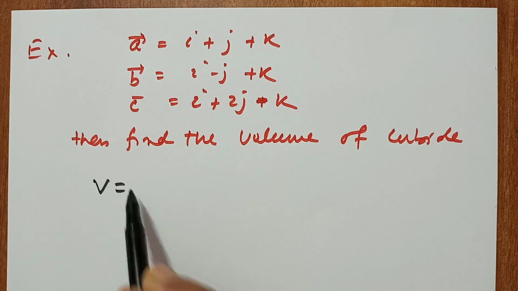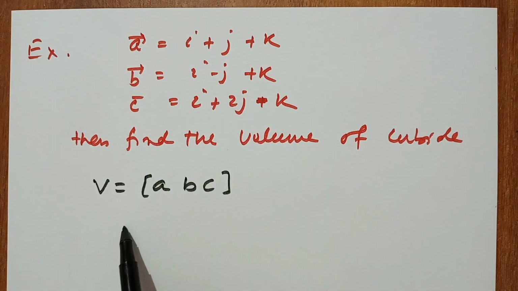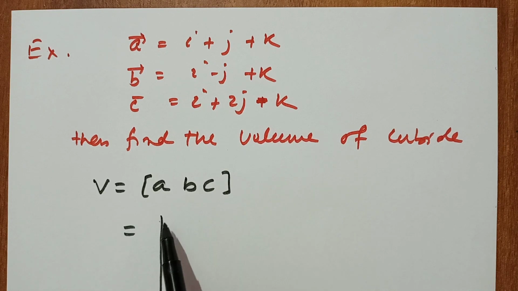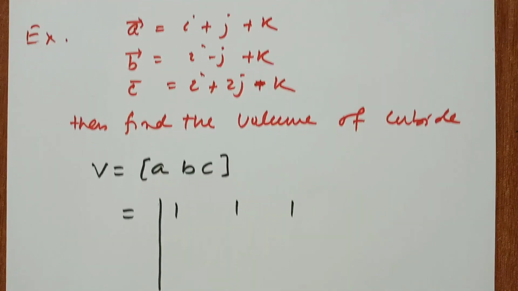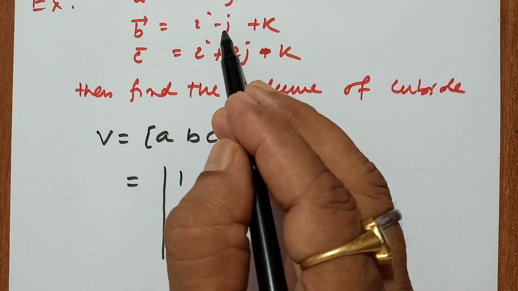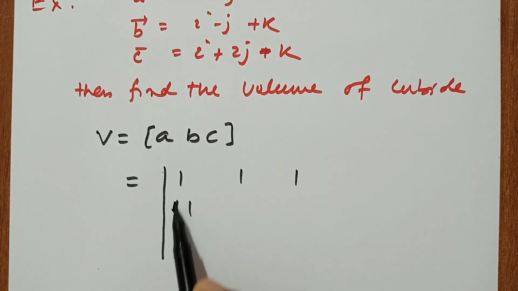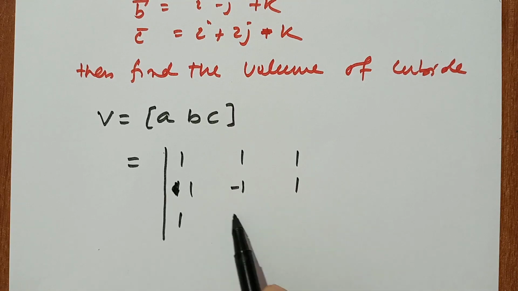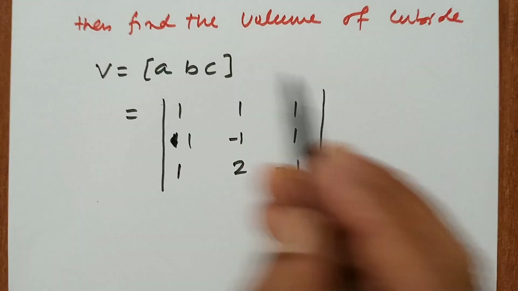The volume V is equal to [A B C], which is the determinant of A1, A2, A3. What is A1? Here 1, 1, 1. What is A2? 1, minus 1, 1, and 1, 1, minus 1. And what is A3? 1, 2, minus 1. This is very easy because it is a simple determinant.